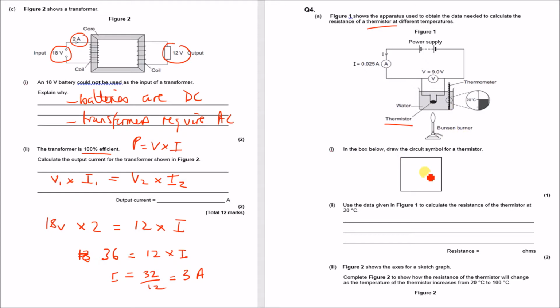So it says in the box, draw the circuit symbol for a thermistor. So remember, we draw a resistor like so, and then it kind of looks like a hockey stick inside the resistor.